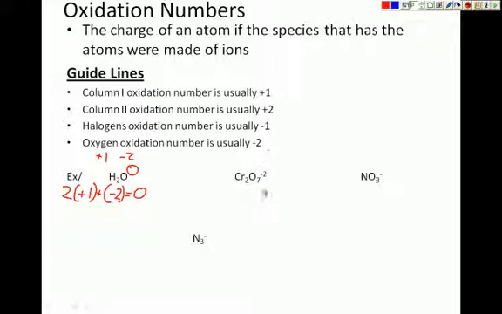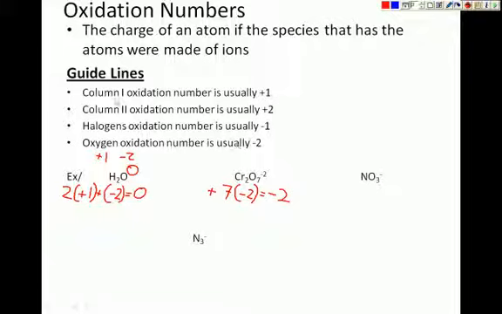Now, let's take a look at a little bit harder one, which is Cr2O7 2-. This whole thing, if you add up all the oxidation numbers, has to equal -2. The oxidation number of oxygen is -2, and we have 7 of those, so we times this by 7. And we're going to add it to Cr.